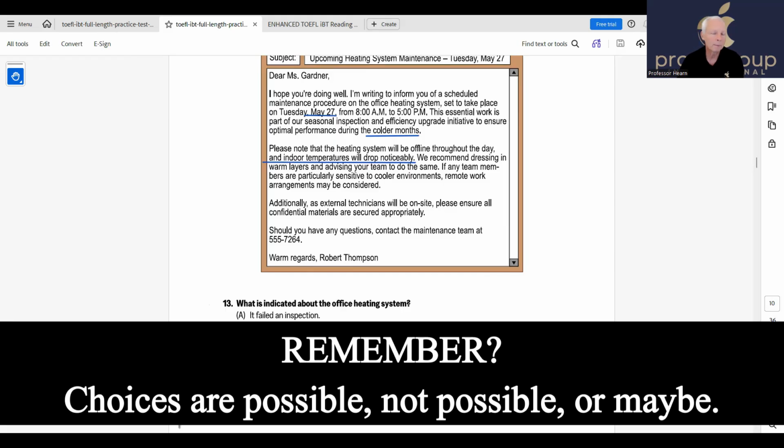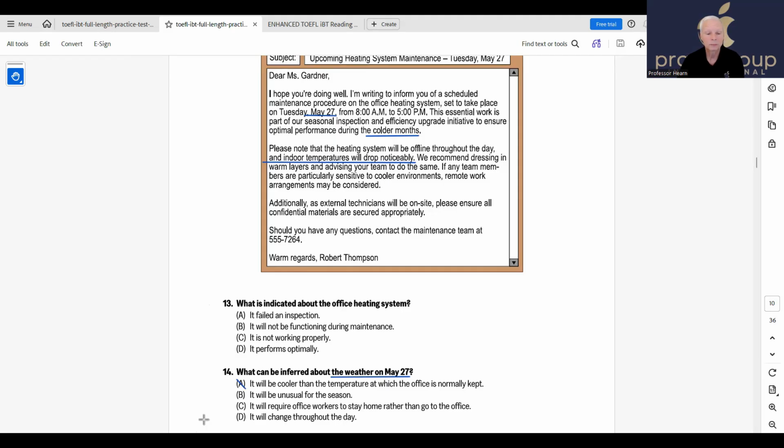So I'm just going to say maybe and move on. It will be unusual for the season. It doesn't say it will be unusual. It says that the temperatures will drop noticeably, not that they're unusual. So B, although it may be assumed, it is not stated in the passage, and therefore it is not possible.